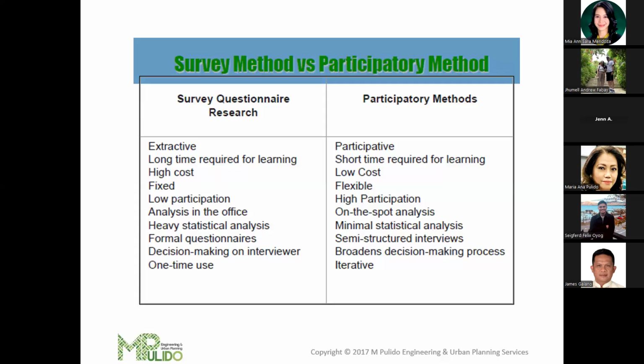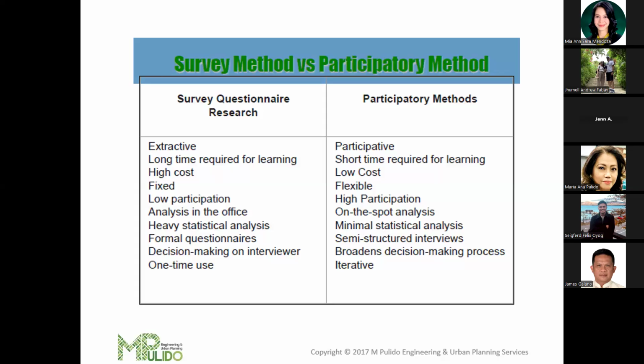For participatory methods, they're flexible and inclusive. So instead of extracting data, we facilitate its co-generation with stakeholders. I mean, we work together. And because it is participatory, learning is quicker and more grounded. Cost is low because tools are adaptable to the local context.